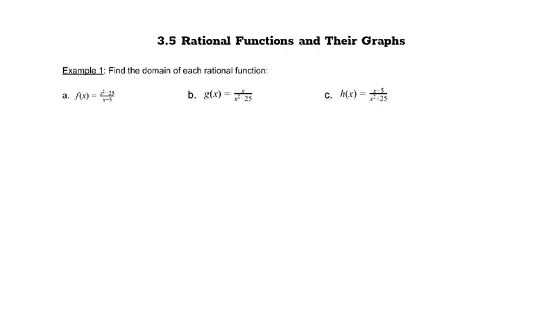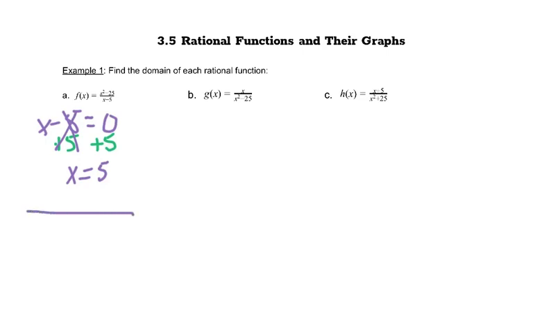Remember we talked about at the beginning of the chapter, or actually last chapter, that domain, when you have fractions, has to do with the denominator. Remember, you set the denominator equal to 0, so here we'll have x minus 5 equals 0. We'll add 5 to both sides to find x. So we find out that x equals 5.